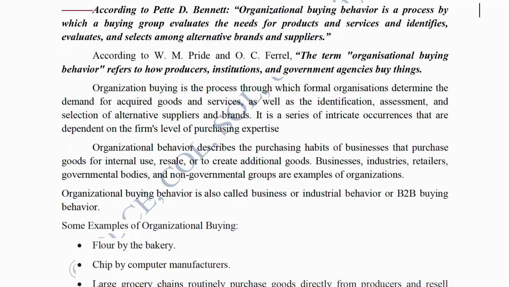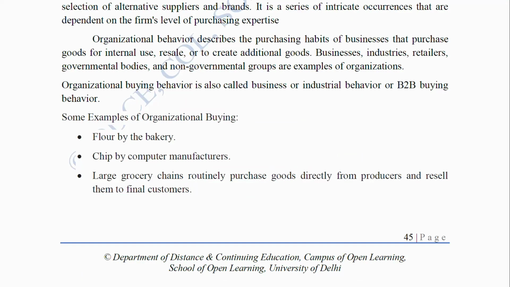Organizational buying behavior is also called business or industrial behavior or B2B buying behavior. Some examples of organizational buying: flour by the bakery, chips by computer manufacturers. Large grocery chains routinely purchase goods directly from producers and resell them to final customers.